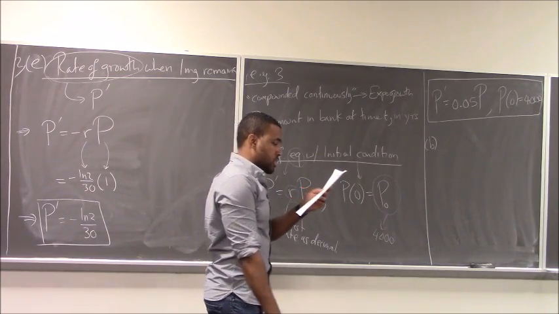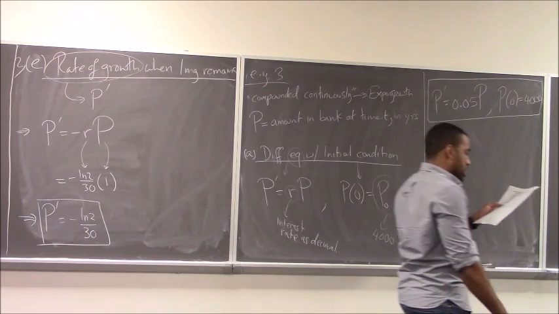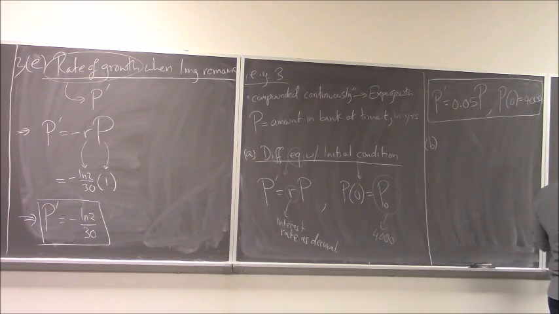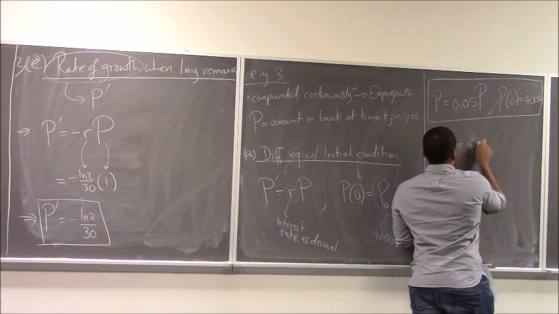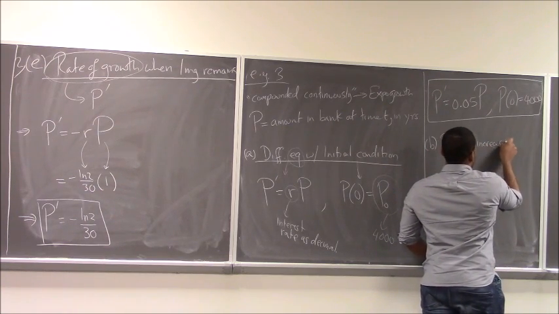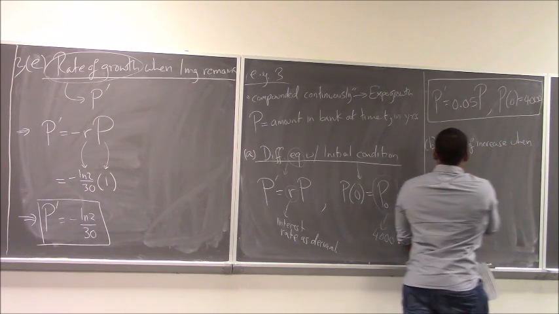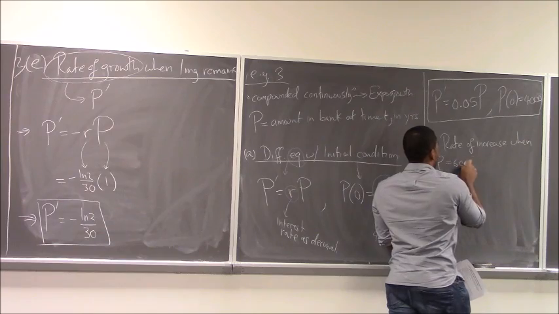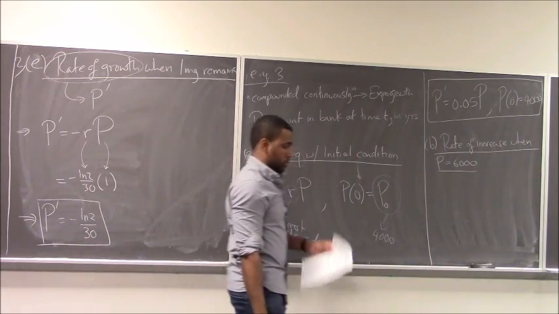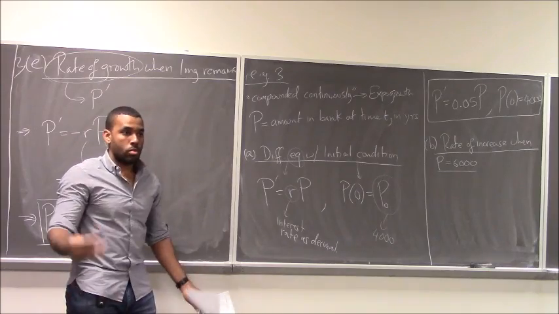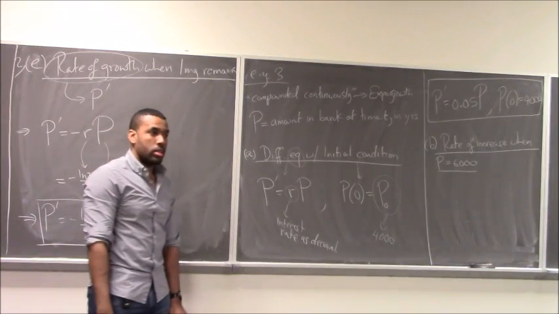At what rate is your account increasing when the balance reaches 6,000? What are we using here?